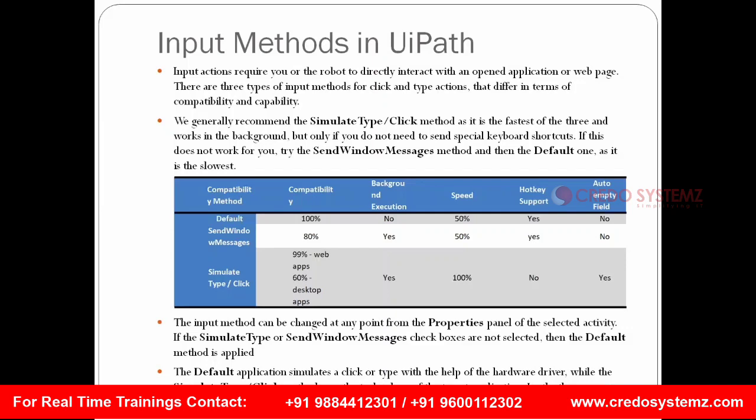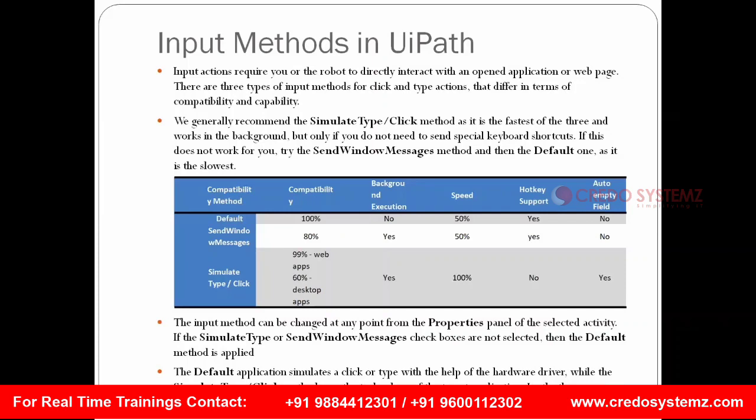So what do we have as input methods? We have three input methods available: default, send window messages, and simulate type or click. All three differ in the type of interaction they have with the target open application.